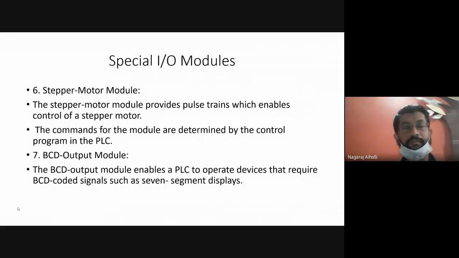The program stored in the PLC will send certain commands. For example, if we want to rotate the motor in a clockwise direction, we have to write a program so that the stepper motor rotates clockwise. If you want to rotate the motor anti-clockwise, we have to write the program for that and store it in the PLC memory, giving the command to rotate in the anti-clockwise direction.